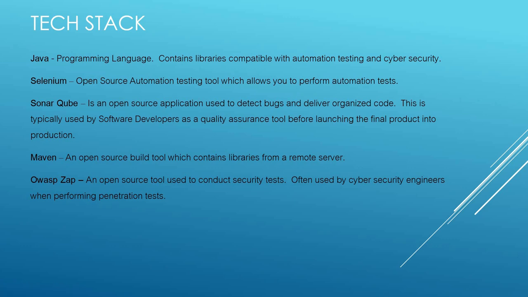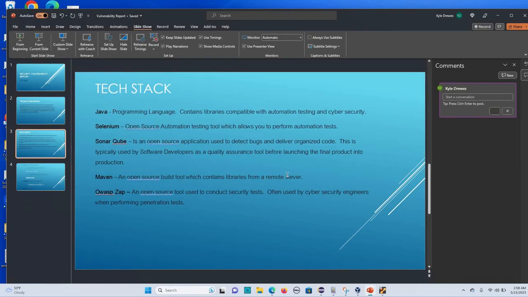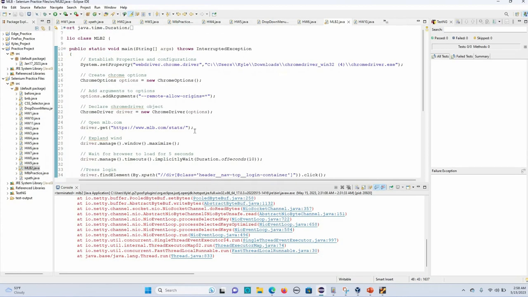From here on out, let me provide you with a demonstration of how this is going to work. Let me make sure I'm doing this properly. Okay, so as you can see right here, I created a separate Selenium project.